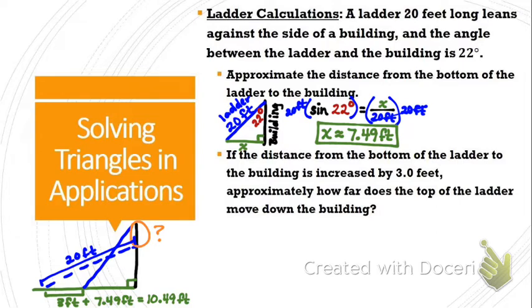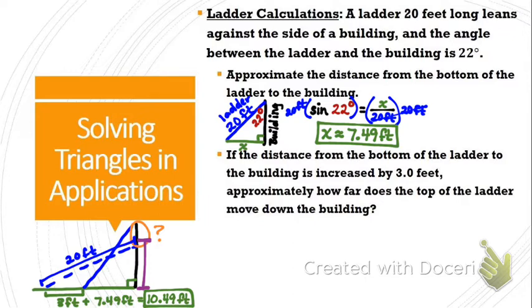What else can we use to our advantage? What can I use the length of the ladder and this 10.49 feet to help me figure out? Yeah. I can figure out this height right here, right?